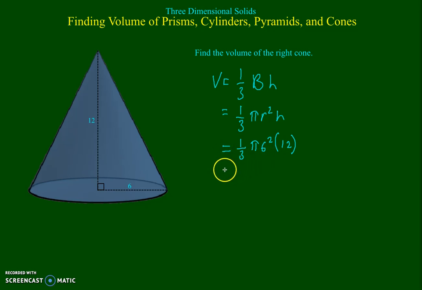Alright, now we just plug that into our calculator, and that gives us 144 pi, which is approximately equal to 452.4.